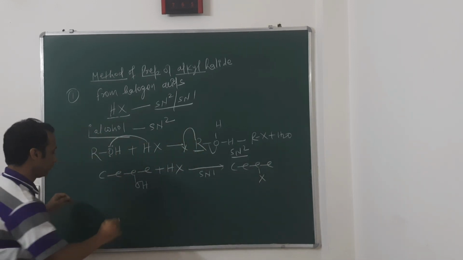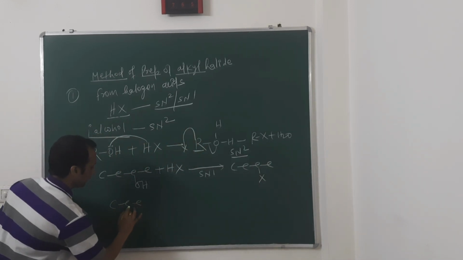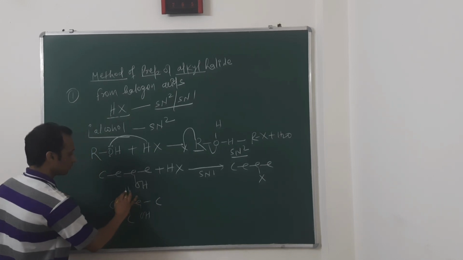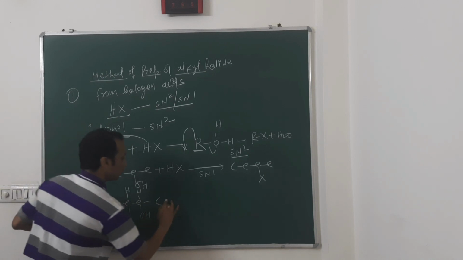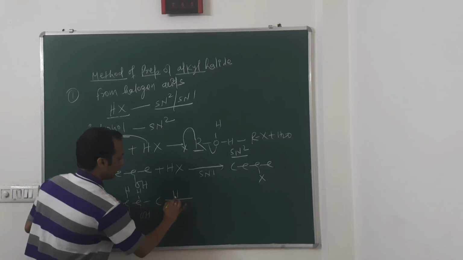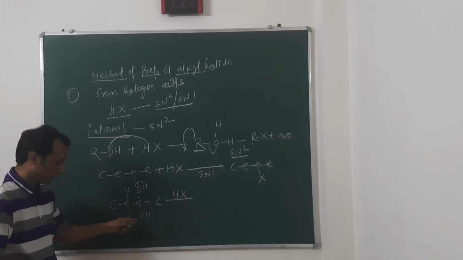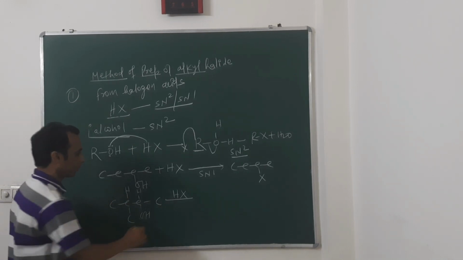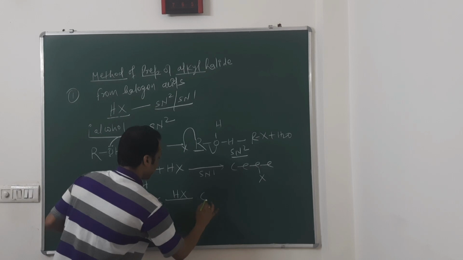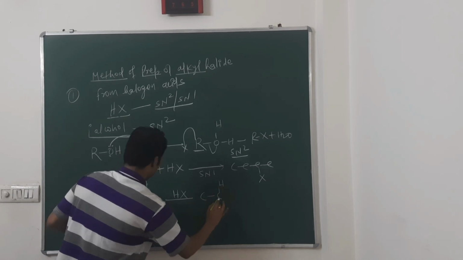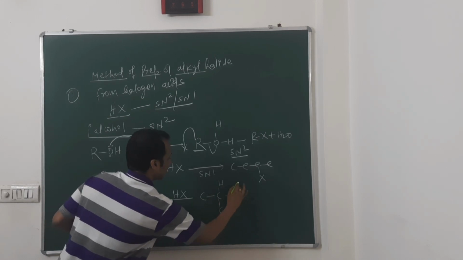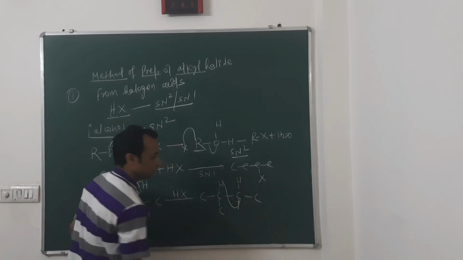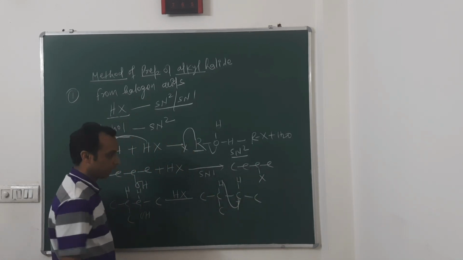Similarly, one more example we understand here, students. See here is an OH and here is a carbon. Again, since it will follow the SN1 path and there is a probability of forming a carbocation, it will form the carbocation. So a hydride will shift here, and the cation will form here, as you know.